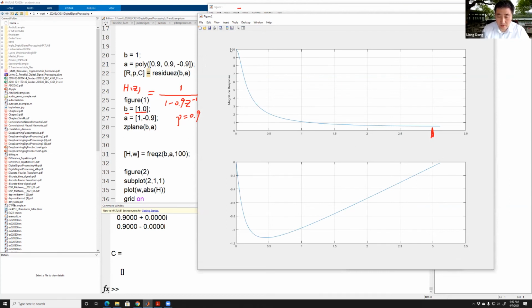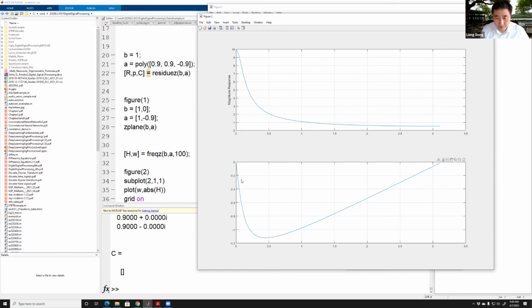Now this is the magnitude. The magnitude is indeed a low-pass filter. When it's close to 0, I emphasize the signal. And it doesn't really remove everything down to frequency 0, because my zero is on the origin. So it's just going normal, right? But I emphasize the DC part.